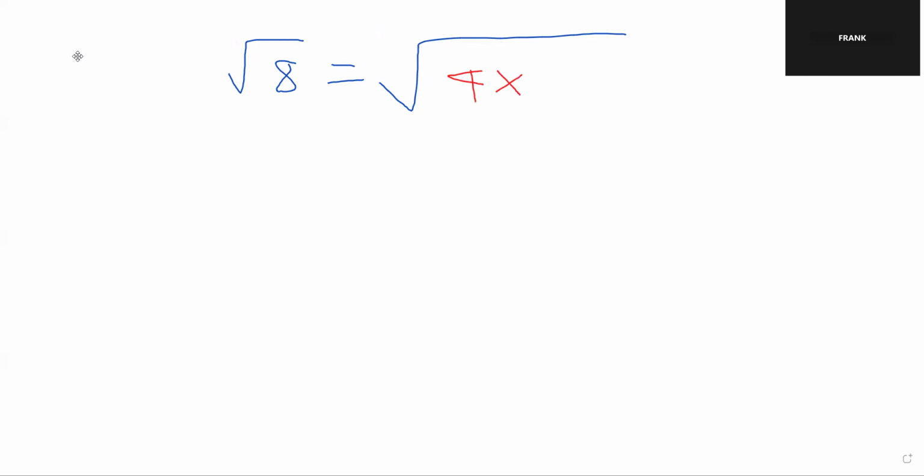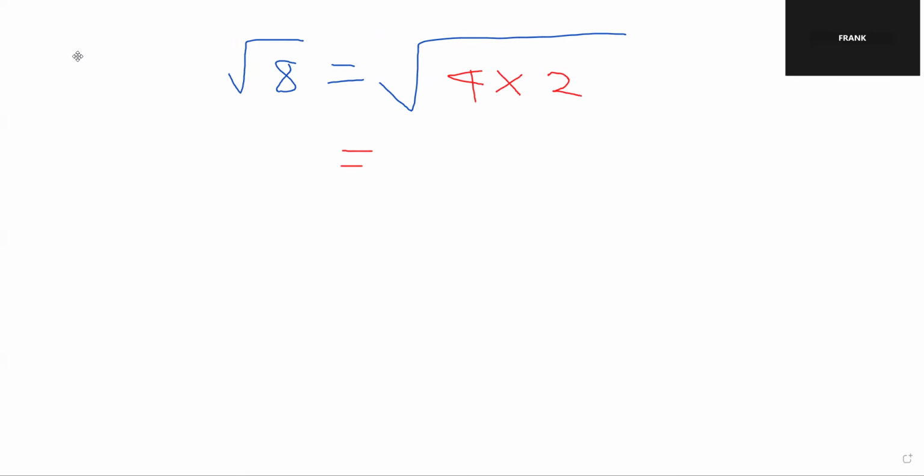So root 8 should be equal to root of 4 times root of something. I'm going to first get a perfect square, which is 4. Now 4 times 2 produces 8, and that's 2.